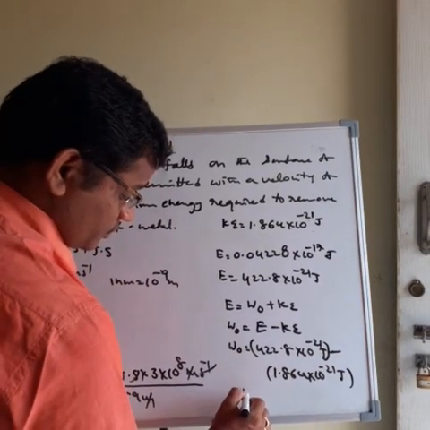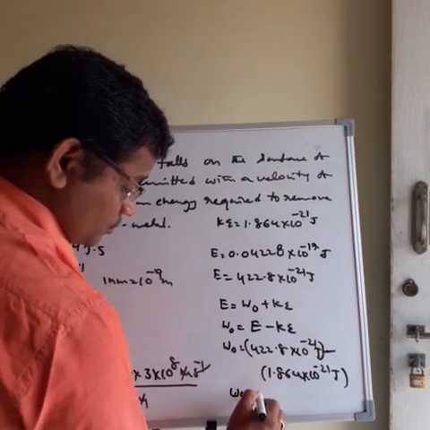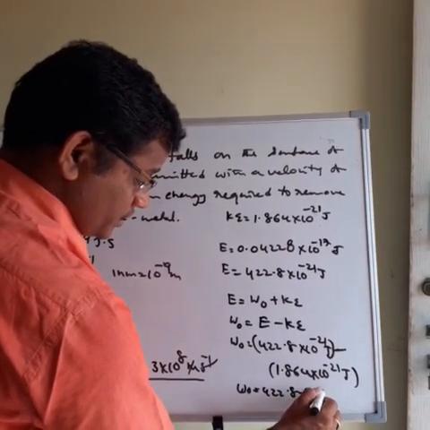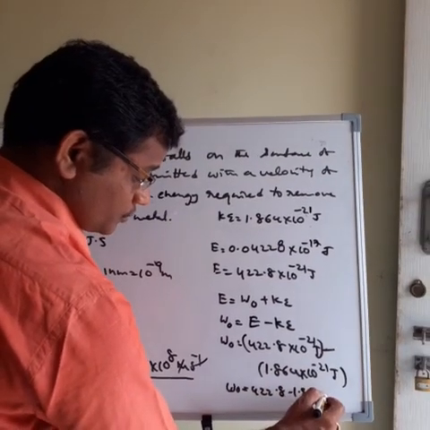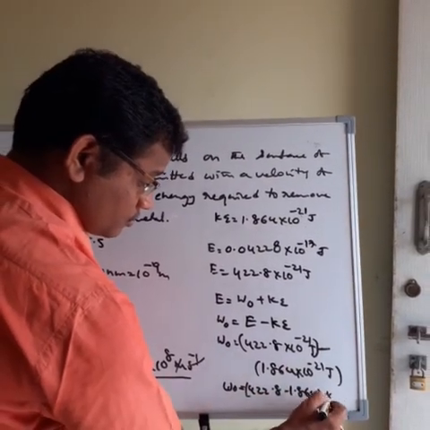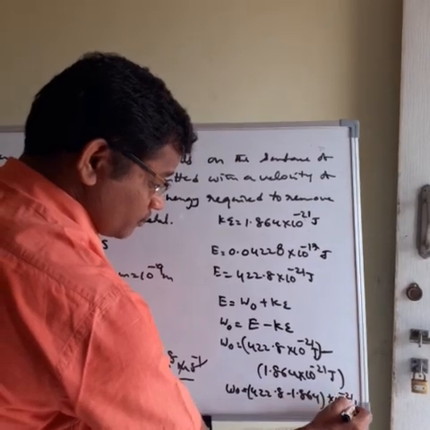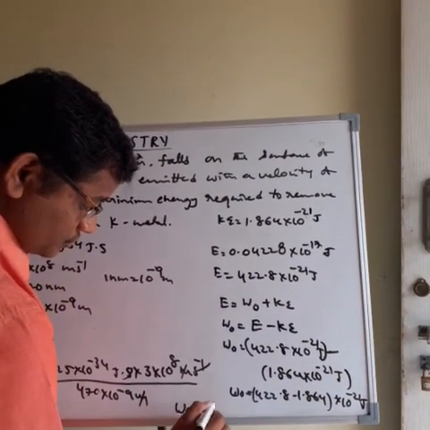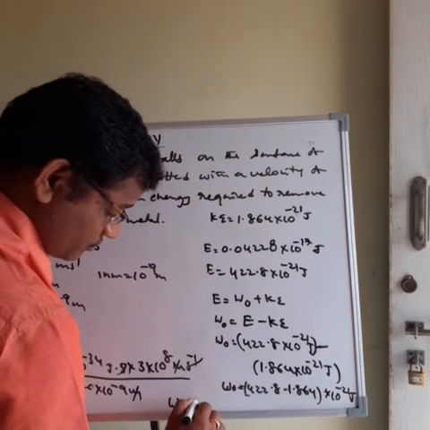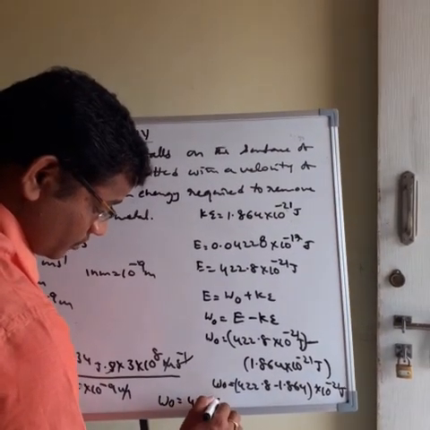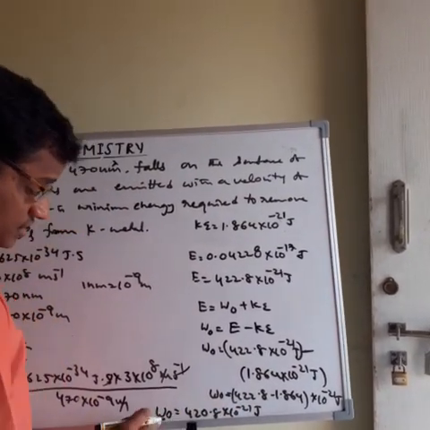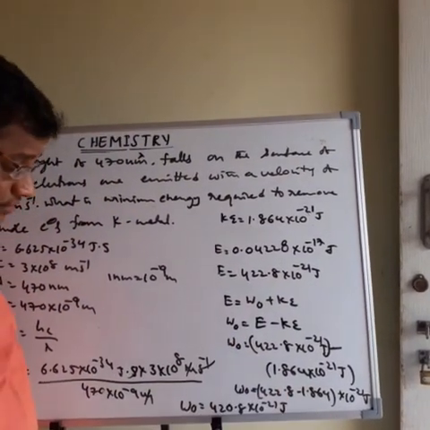Then W naught is equal to 422.8 minus 1.864 into 10 power minus 21 joule. If you subtract, the W naught value is 420.8 into 10 power minus 21 joule. So this is the W naught value for 1 electron.